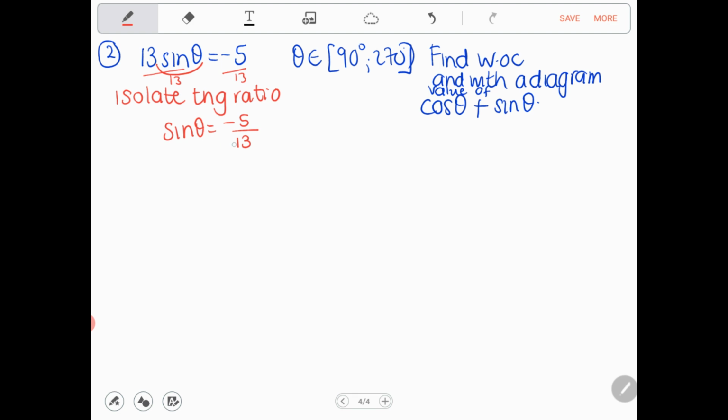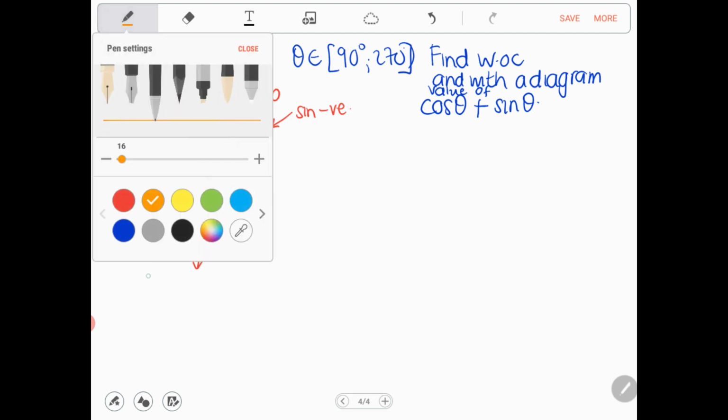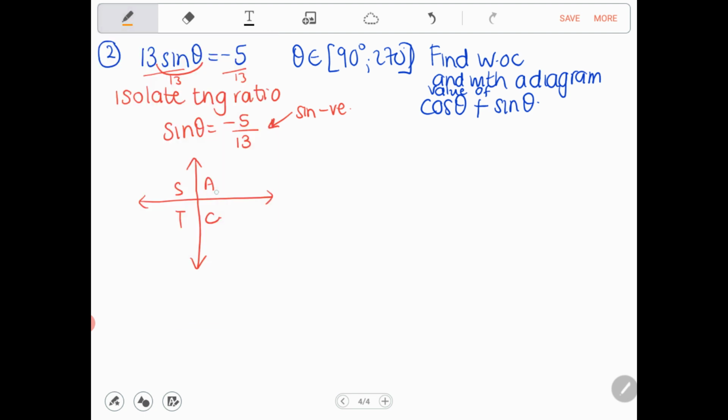Here we can see sine is negative, because there's a -5 over 13. So let's look at our little diagram. Where is sine negative? All ratios are positive here. Sine is positive here, which means that sine is negative in quadrants 3 and 4.